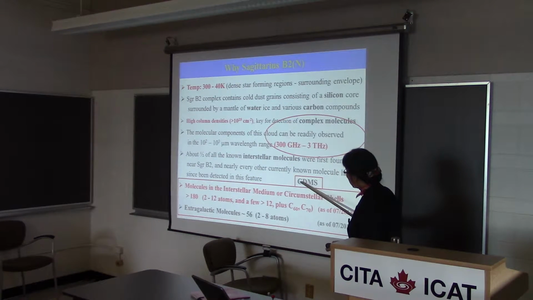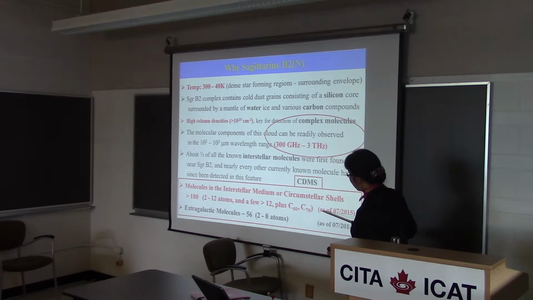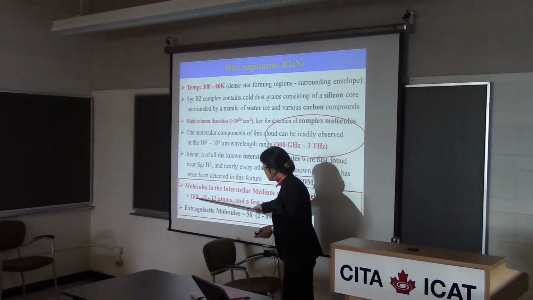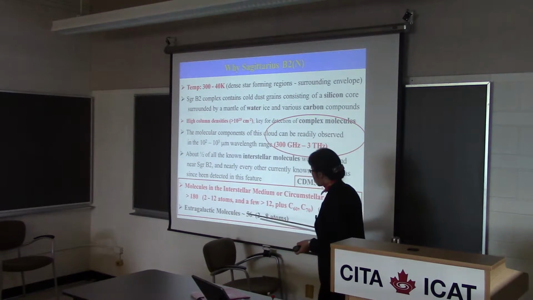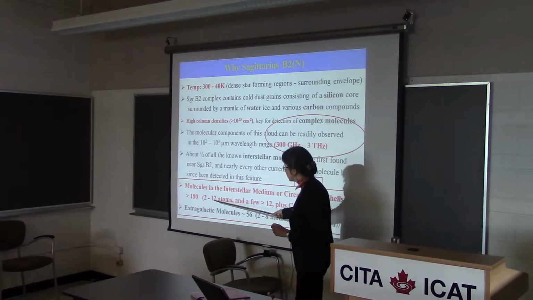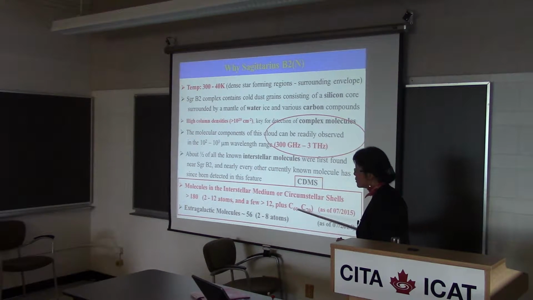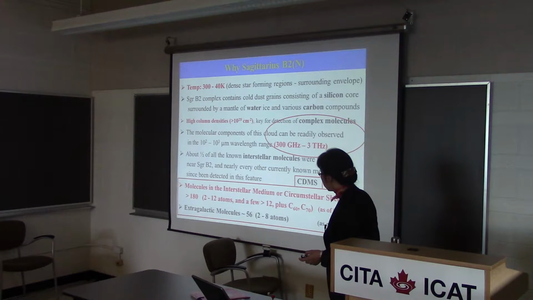As I mentioned, according to the Cologne Database for Molecules in Space, this is a year-old update. So far, more than 180 species have been detected, with sizes ranging from 2 to 12 atoms. There are a few big ones, including the buckyballs C60 and C70.